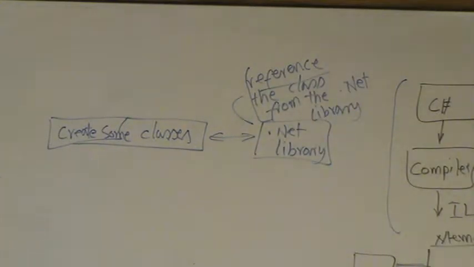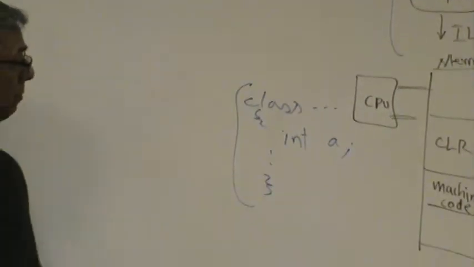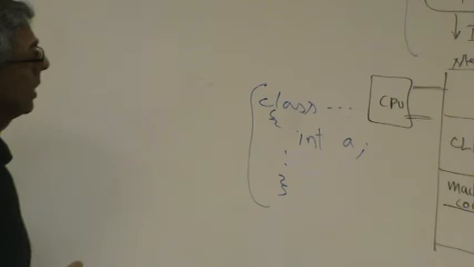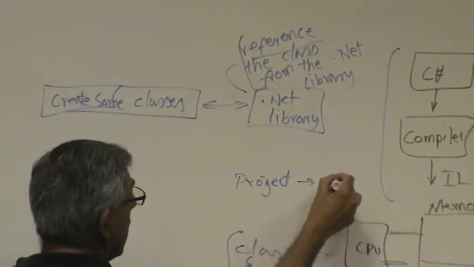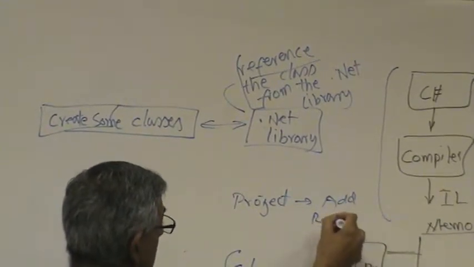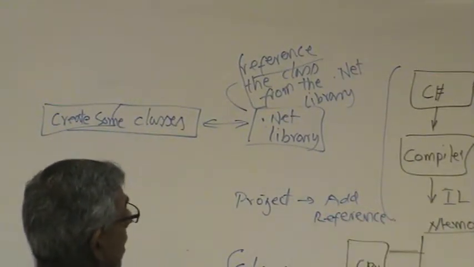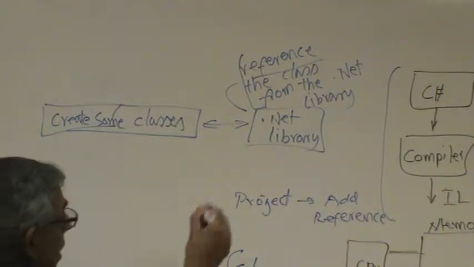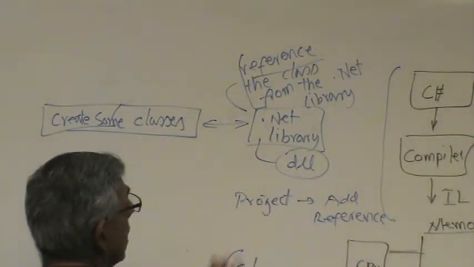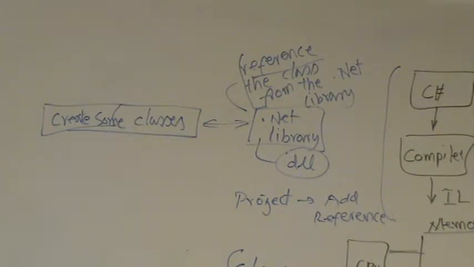For example, if you are using Visual Studio, you created some class, and now you wanted one more class from this library. You will go to the project, right-click on it, and say Add Reference. Then you will pick whatever library you are interested in. It will already be pre-compiled. These are often referred to as DLLs. So you'll pick the DLL, and then you will automatically get the class that you need to use in your project. Gradually you will learn that, right?